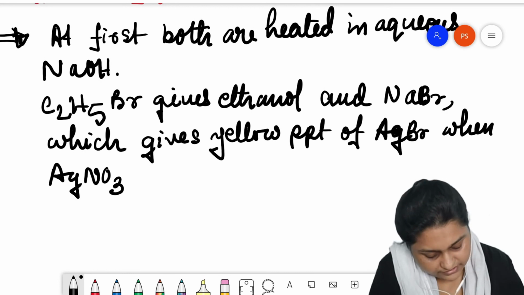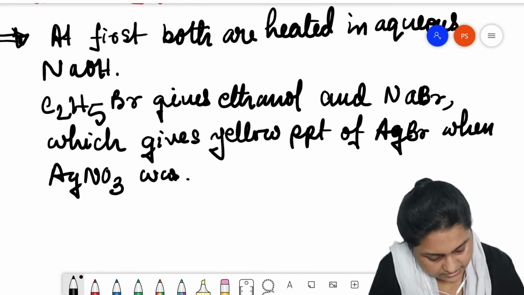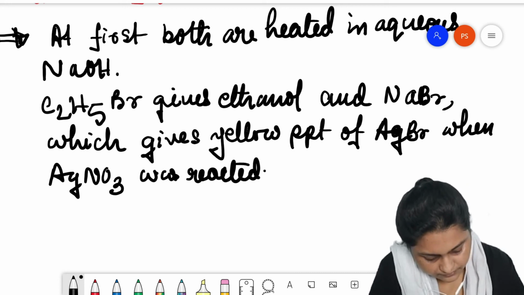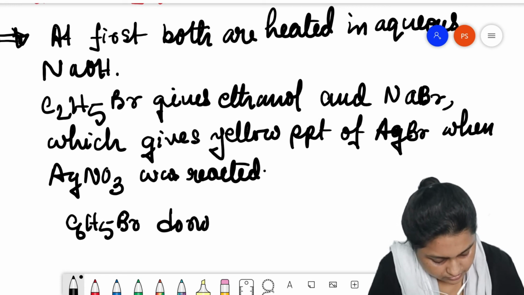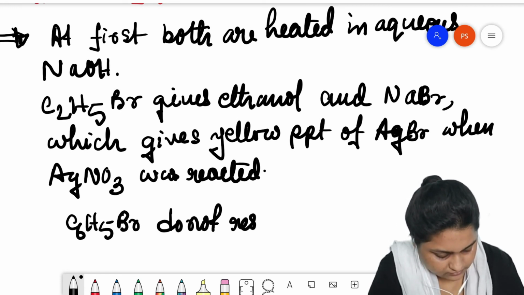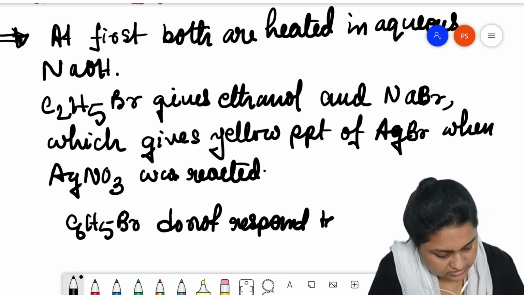C6H5Br does not respond to this reaction.